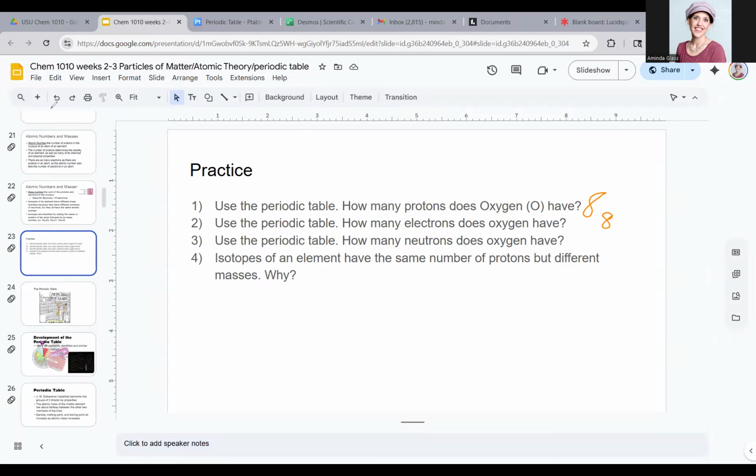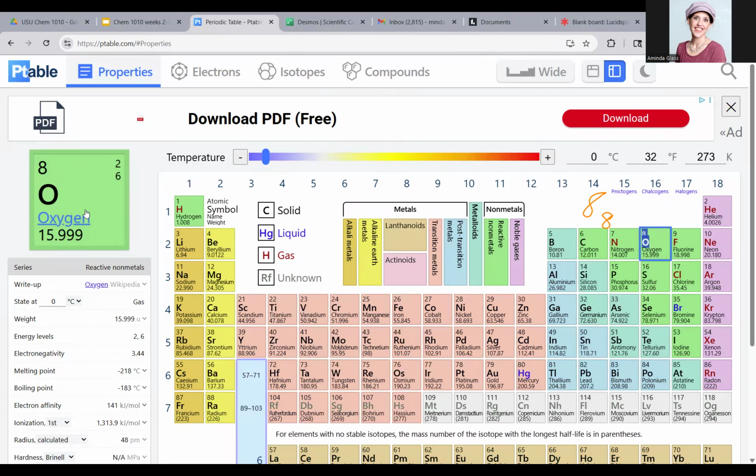So let's go look at the mass of oxygen here. Always round to the nearest whole number, because you're not going to have part of a neutron. In this case, it's 16, whenever you're trying to determine the number of neutrons.